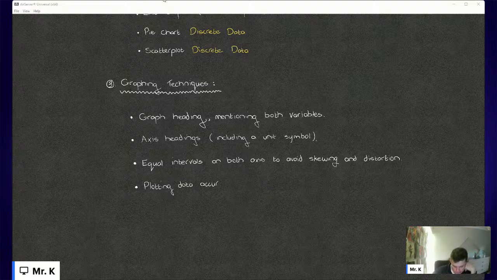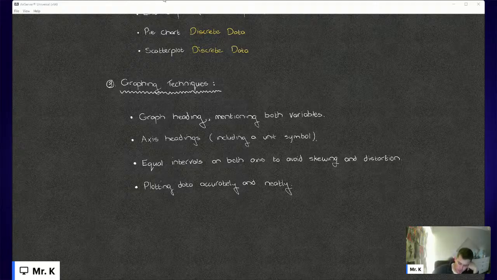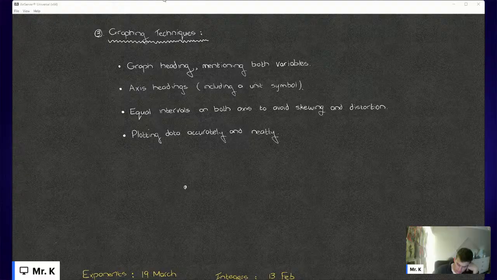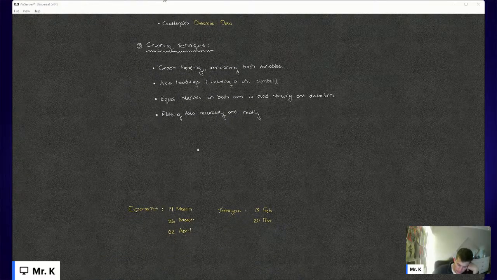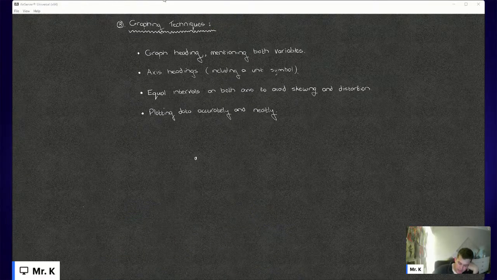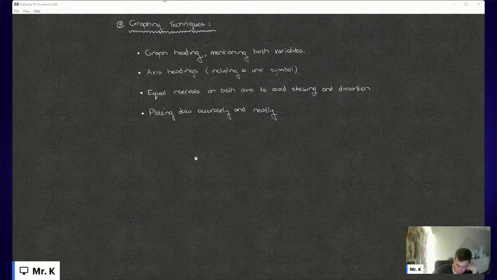So for example, guys, if I am drawing a line graph, I need to make sure that my dots are quite clear. They shouldn't be too small, but they also shouldn't be obsessively big. Okay, we should have just very visible dots.